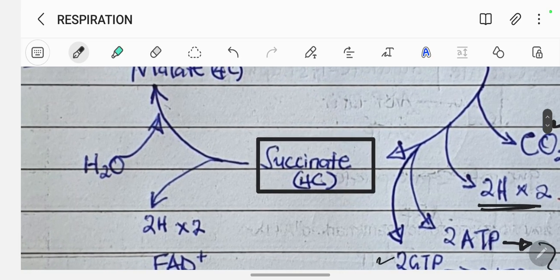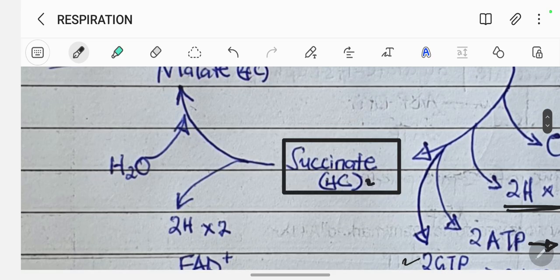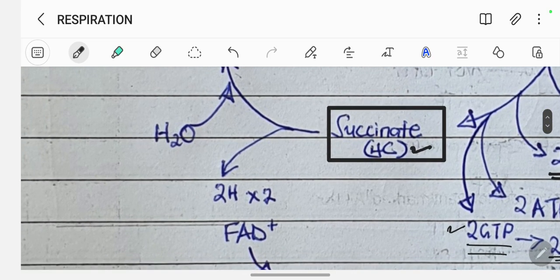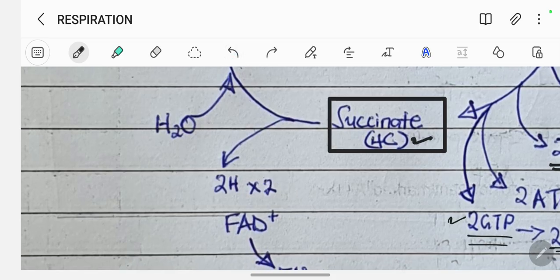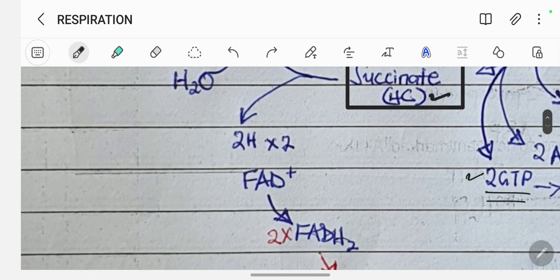So after forming our succinic acid, which is a 4 carbon compound, this succinic acid is going to lose 2 hydrogens. But remember that those 2 hydrogens, we have to multiply them times 2 to get the overall number there. So we have FAD.